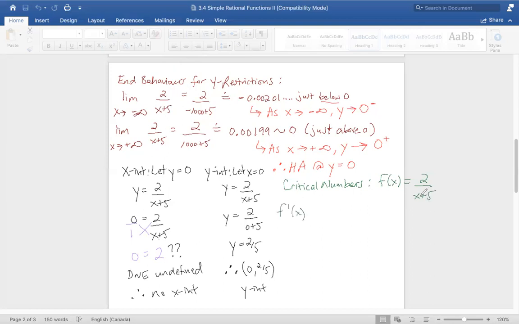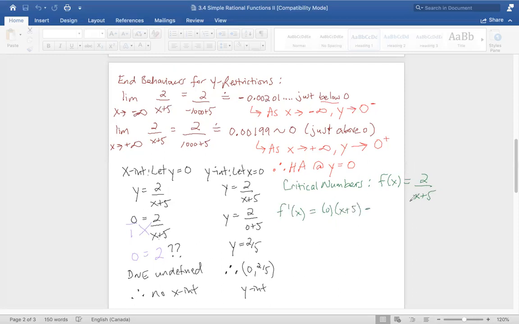So this is a rational expression. We've got a numerator, denominator. We're going to be using quotient rule on this, right? So the derivative of the top, again, the derivative of a constant is just 0. Make sure you write that in though. 0 times the bottom exactly the way it is, right? Minus quotient rule.